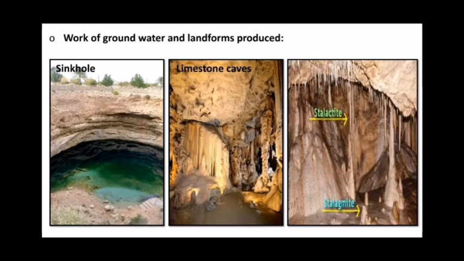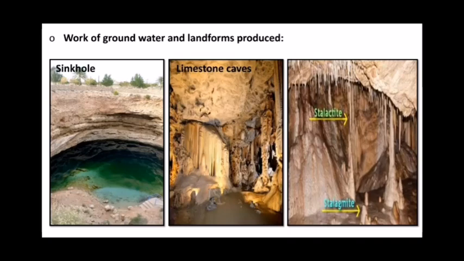When the groundwater evaporates, so children, you all know evaporation takes place. Whenever this groundwater evaporates because of heat, the volume of soluble minerals is more than the solubility. Solubility means the ability to be dissolved in water.